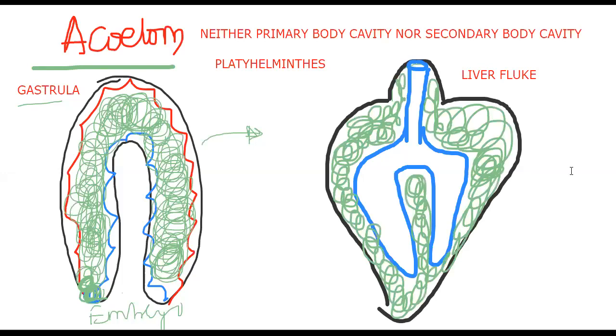During the embryonic stage we say mesenchyme, in the adult stage the same we say parenchyme, but NCERT is not taking much care about that. So just for your information, you keep that.